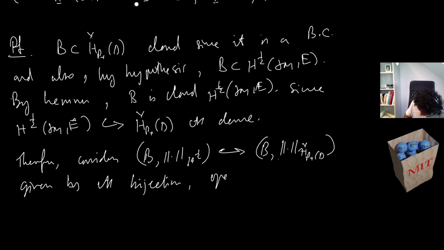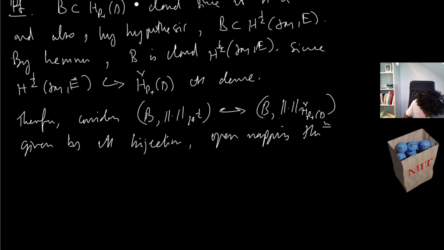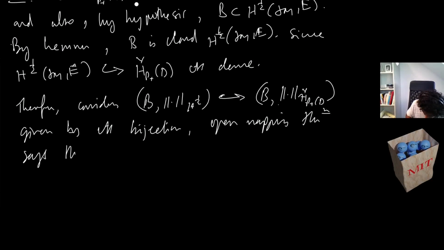So the open mapping theorem says that the map has a continuous inverse.